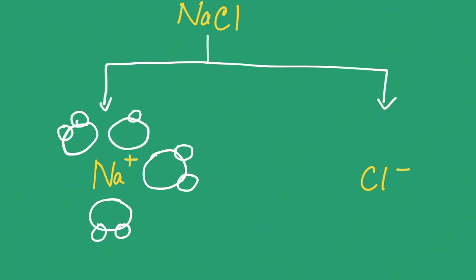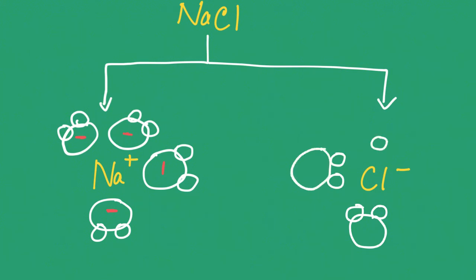The oxygen part of the water molecule, which is partially negative, tends to face the sodium. On the other hand, the chloride ion is surrounded by water molecules on the hydrogen side. The hydrogen atoms are partially positively charged and so they face the chloride ion. In this way, the salt dissolves in water.